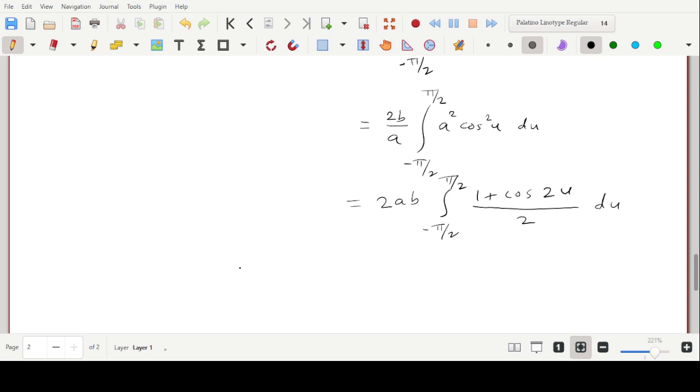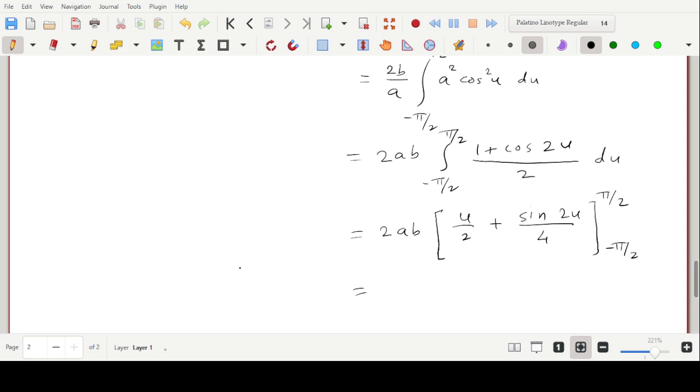And then that becomes just a routine thing. 1 over 2 of u over 2 plus sine of 2u divided by 2, and then multiplied by 2 is 4, from negative pi over 2 to pi over 2.